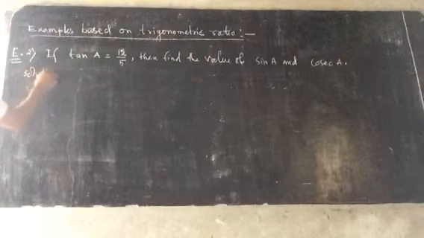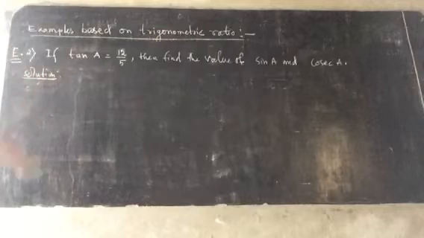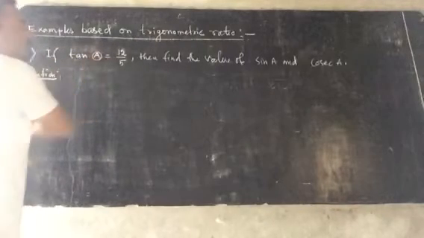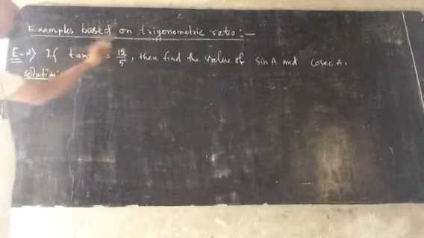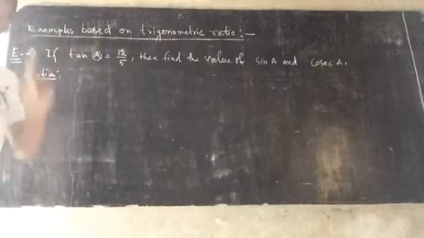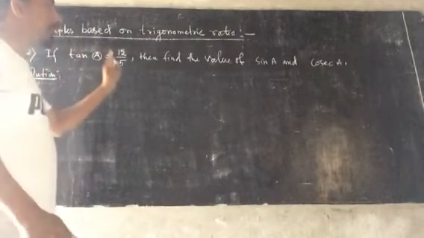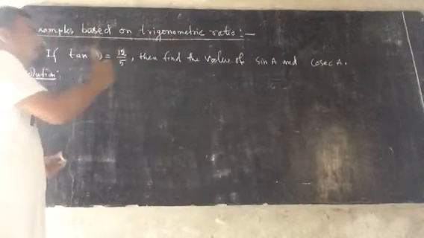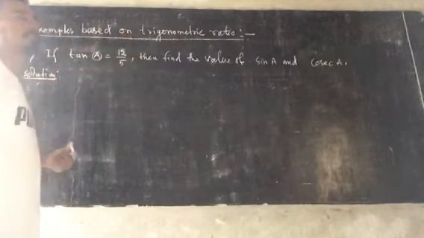You see here, tan A, the acute angle is A. This type of question can be solved in two methods. One is the direct method, directly applying the formula, and another method is by drawing the right angle triangle.